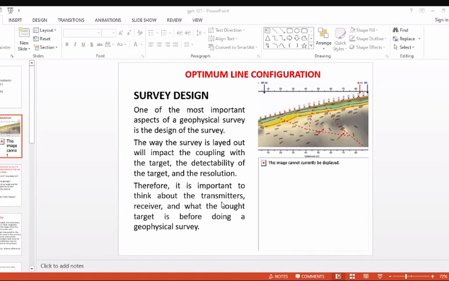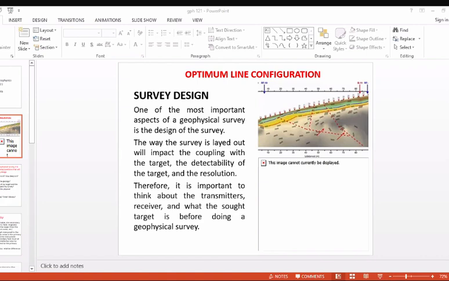We send a signal into the ground. That signal will travel inside the ground, and when the signal gets to the target, it will modulate that signal and give another response. The response will now be picked up by another device in the ground. That is called a receiver.